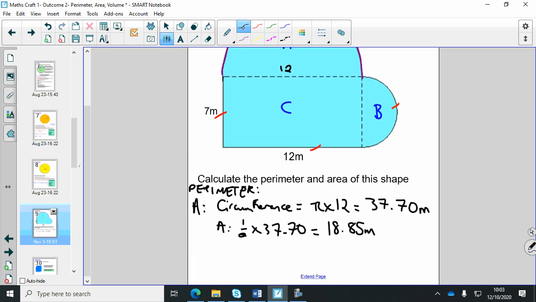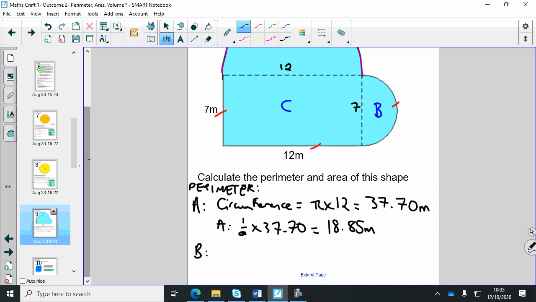We're now going to work out B. So we're going to work out that semicircle. Now we know that the diameter for that is 7. So the circumference is going to be pi times 7, which is 21.99. But again, because it's a semicircle, we need to halve it.